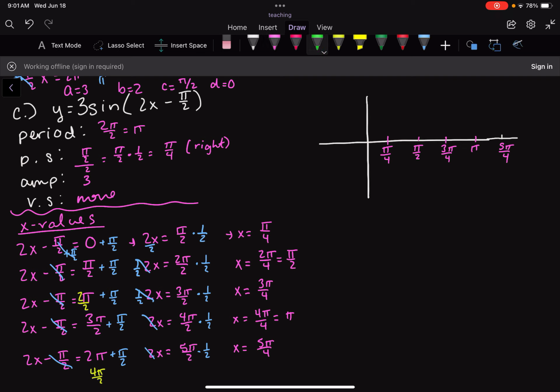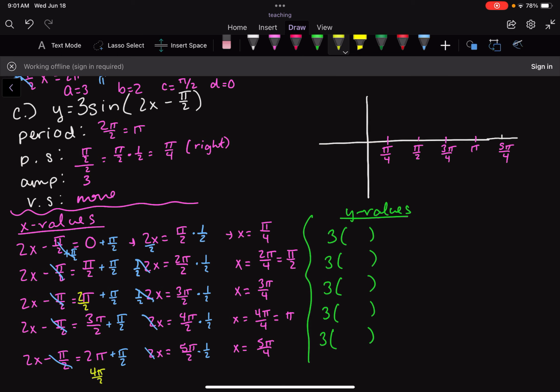And now let's do my y values. For my y values, I like to just remember the original points that sine goes through. So my 3 is the only thing that's outside of the sine part of it. If I had a vertical shift, I would have that right here, like if it was -1 or +1 or whatever it was, but I don't have anything. So in these parentheses, I'm going to write the original points that sine goes through.